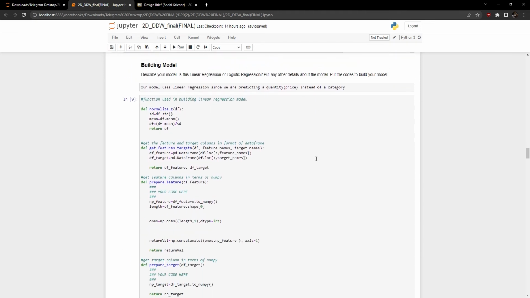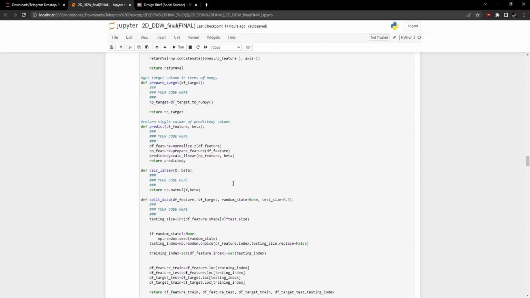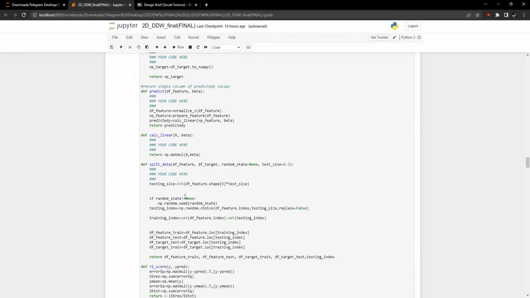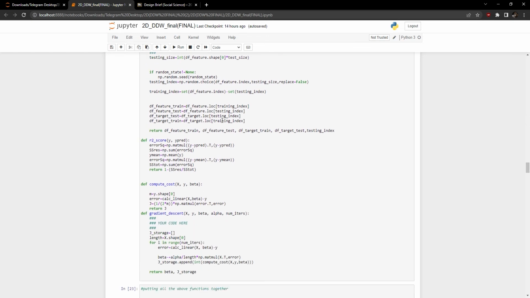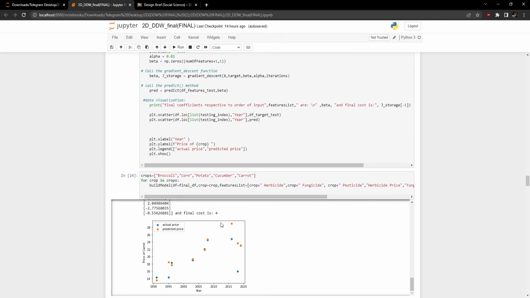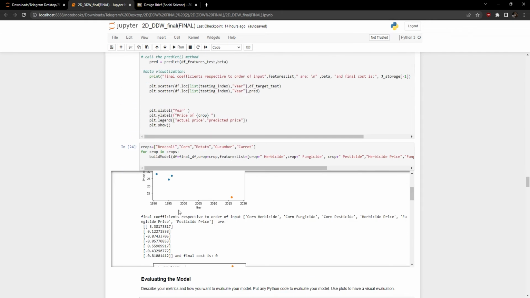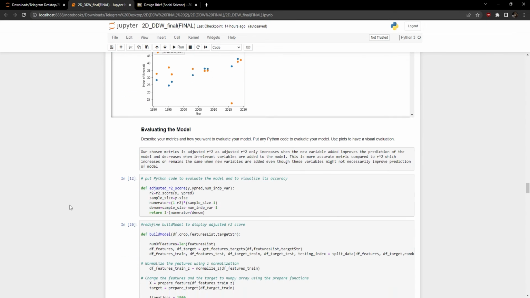So we built our model based on multiple linear regression. Yeah, so these are some of the codes that we borrowed from cohort practices. These are to prepare, split data, normalize, and then calculate, predict R square, etc. So we built the model, and this gives us the coefficients here, and visualizes our predicted values and actual price.